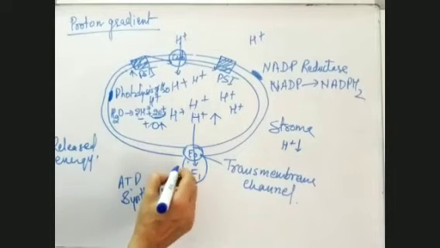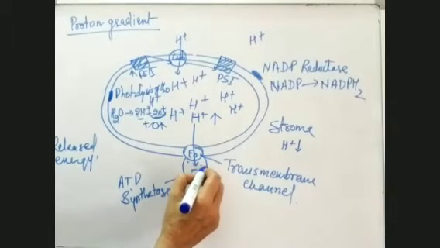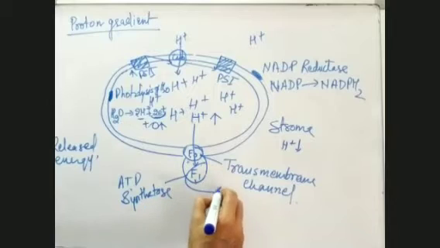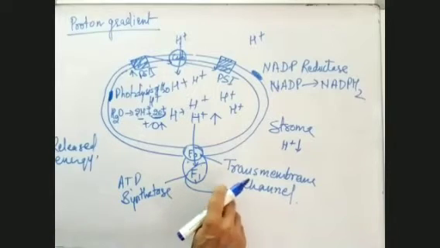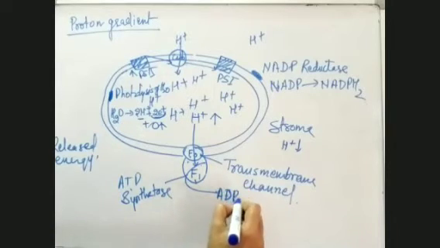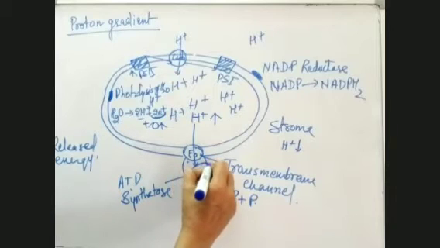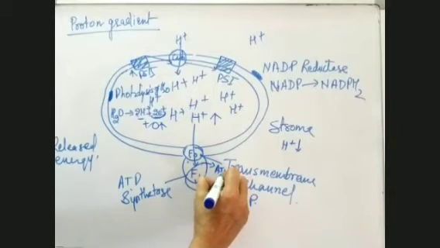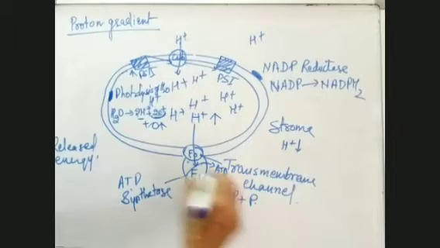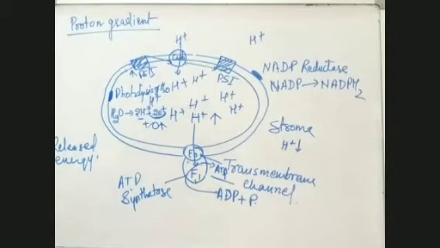phosphorylation of ADP. That means here what happens? The ADP gets phosphorylated and ATP is synthesized because of the breakdown of the proton gradient.